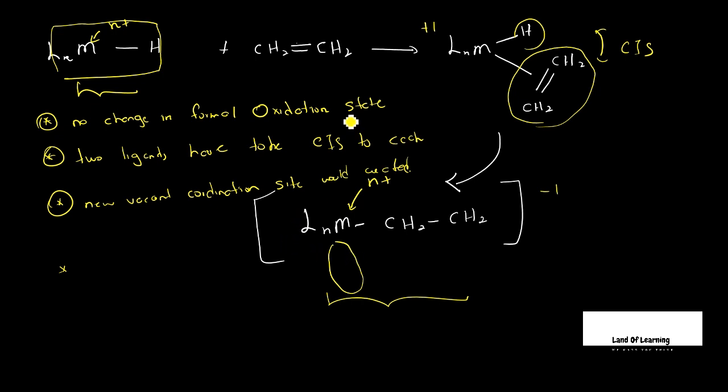But most often the coordination number would be unchanged between the initial compound and the final product. In between the reaction, the coordination number increases by 1 and again reduces by 1, but overall it's not changed.